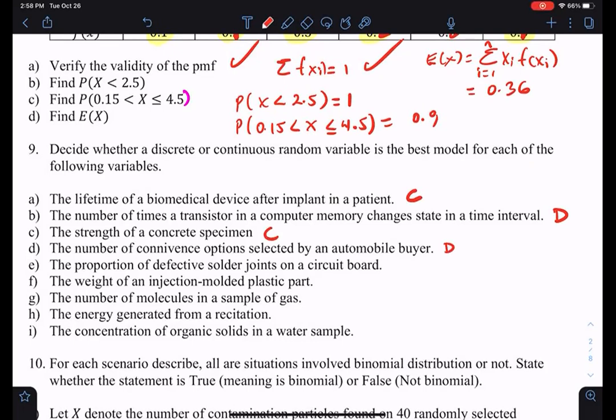The proportion, that's also discrete. The weight, that's continuous. The number of molecules in a sample of gas, even though it might be infinite, it's countable. So this is discrete. The energy generated from a radiation, that's continuous. And the concentration, this is also continuous.